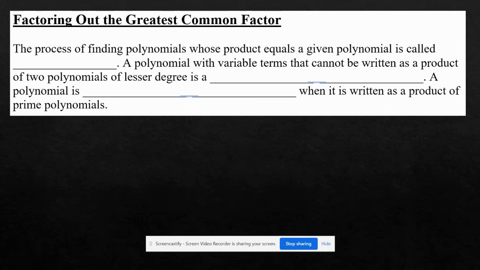Finding polynomials whose products equal a given polynomial is called factoring. A polynomial with variable terms that cannot be written as a product of two polynomials of a lesser degree is a prime polynomial, kind of like a prime number.